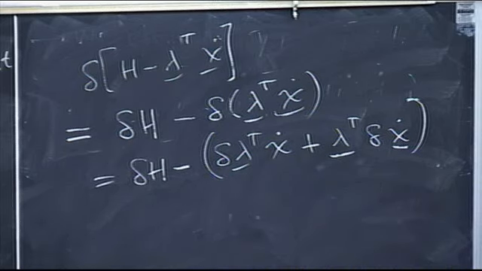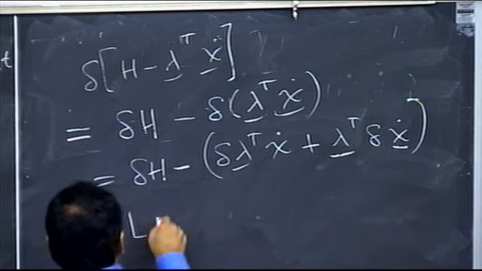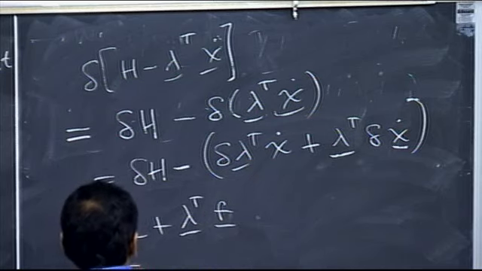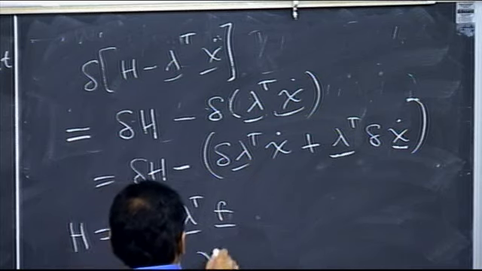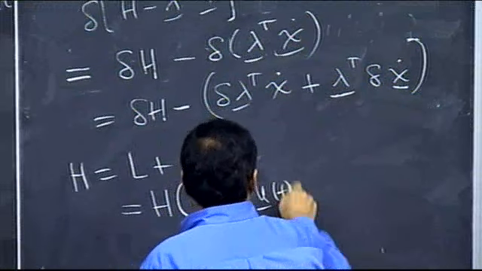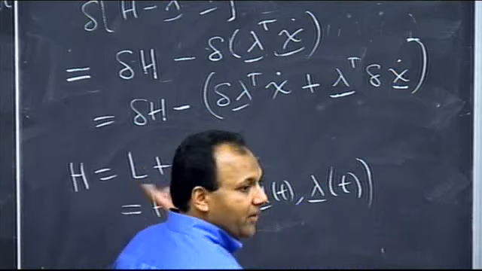So what's the variation in H? Well, H is equal to L plus lambda transpose f, right? Which is a function of what? It's a function of x of t, it's a function of u of t, it's a function of lambda of t. You see that? It's a function of all of them, right?